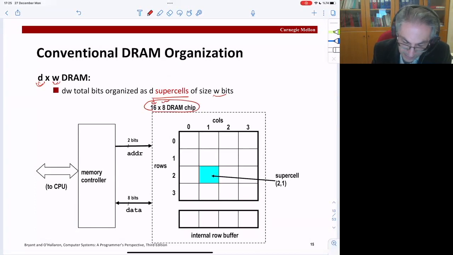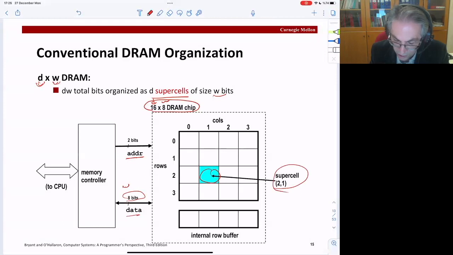We have the address that's sent in, and the data coming out is 8 bits because W is 8. And in this case, you want to access this particular supercell here, supercell 2,1.